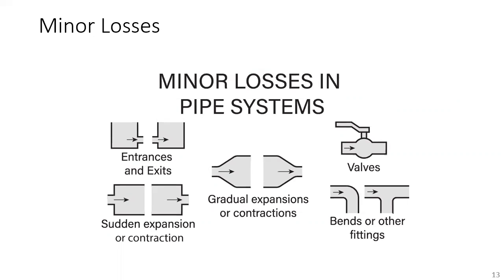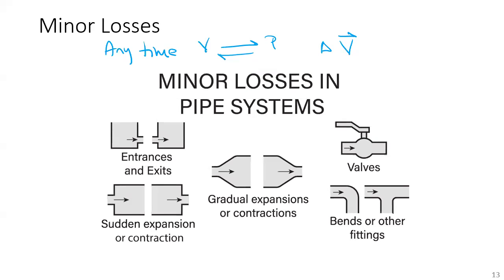So minor losses are basically what's happening anytime you are converting velocity to pressure or pressure to velocity, you incur a loss over and above frictional resistance. Anytime you change the velocity vector.